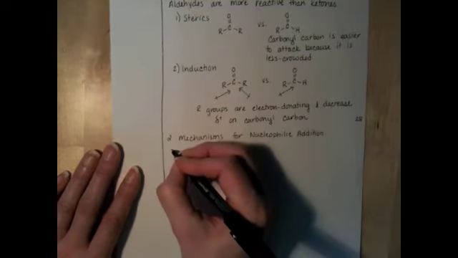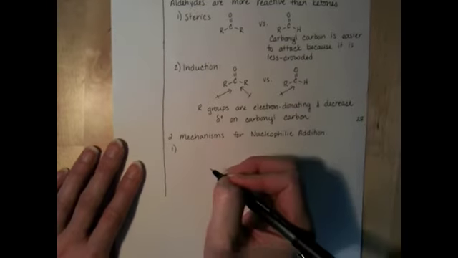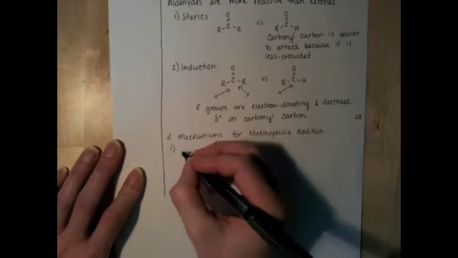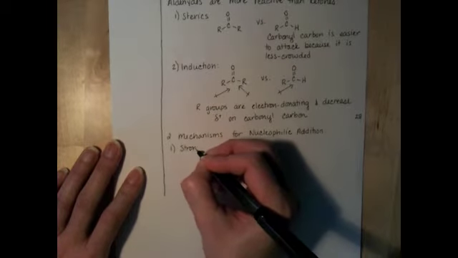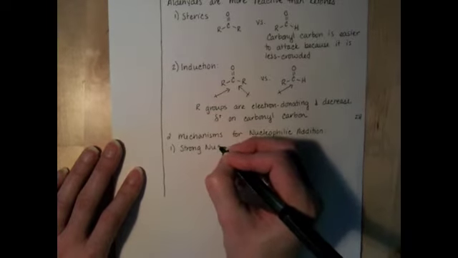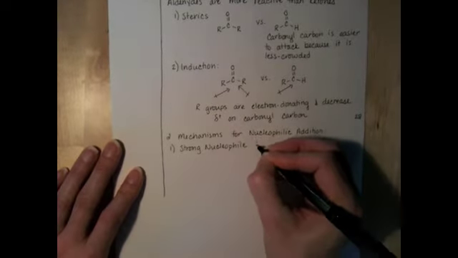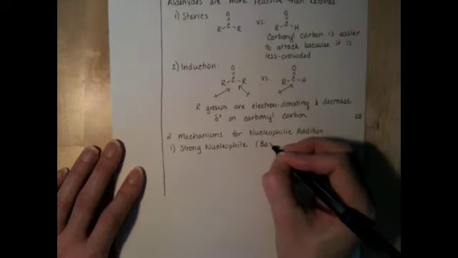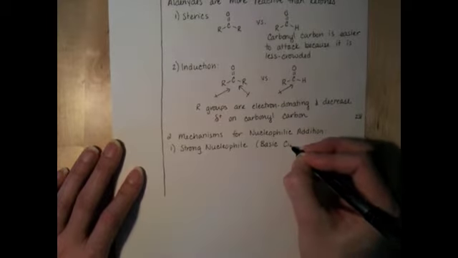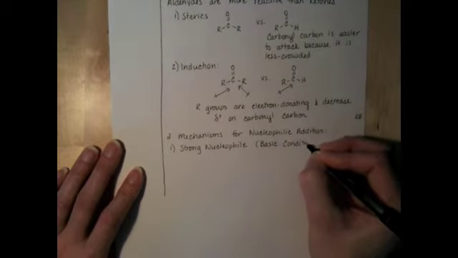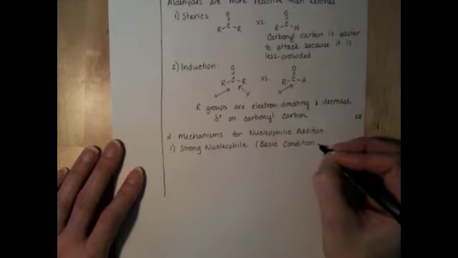The first one we're going to look at takes place with a strong nucleophile. Sometimes we refer to these reactions as occurring under basic conditions because strong nucleophiles are good bases.